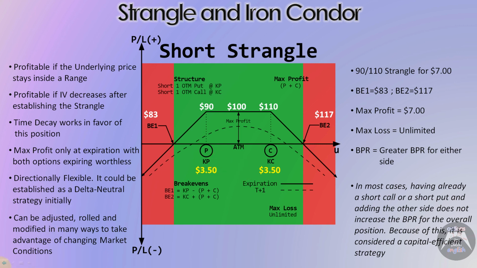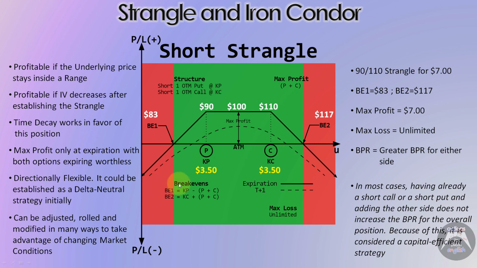Finally, a strangle can be adjusted, rolled, and modified in many ways to take advantage of changing market conditions. Once you initialize a strangle, this is just the beginning. As the price moves, you can tighten it up, you can widen it out, you can roll it out in time, you can adjust the strikes, you can add another position.